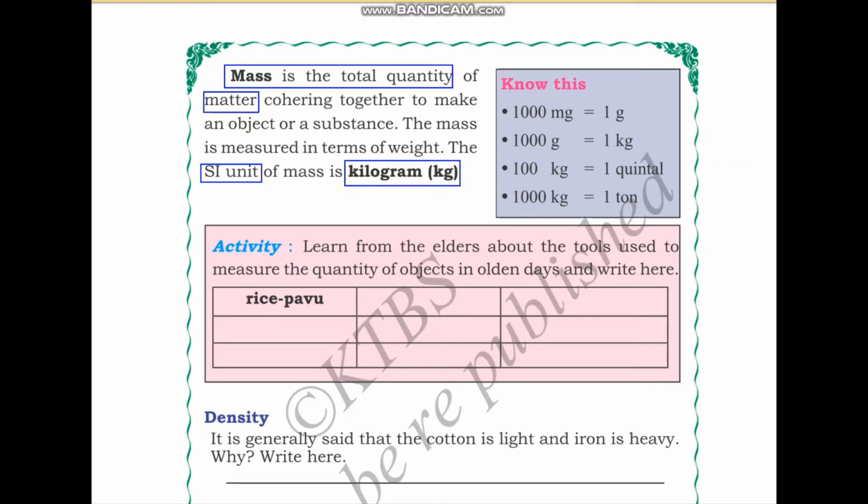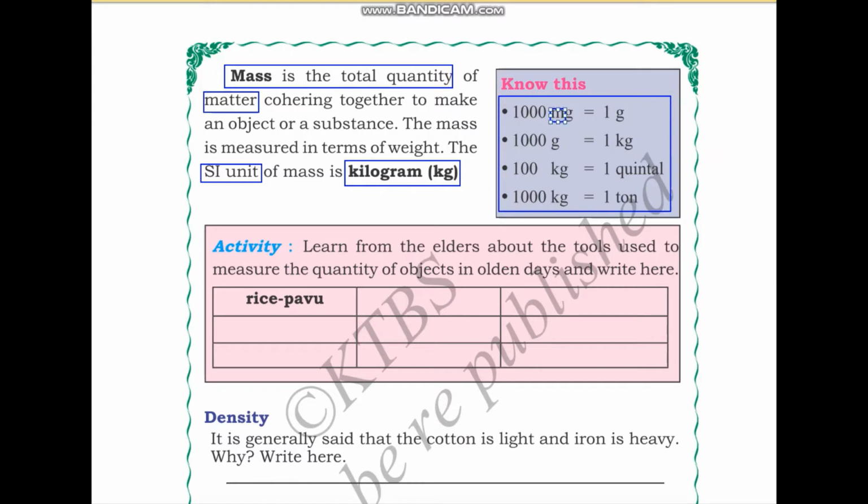I will repeat this section. Mass is the total quantity of matter cohering together to make an object or a substance. And here they have given us the conversion values of different weights. 1000 milligrams is 1 gram. You have to know this.